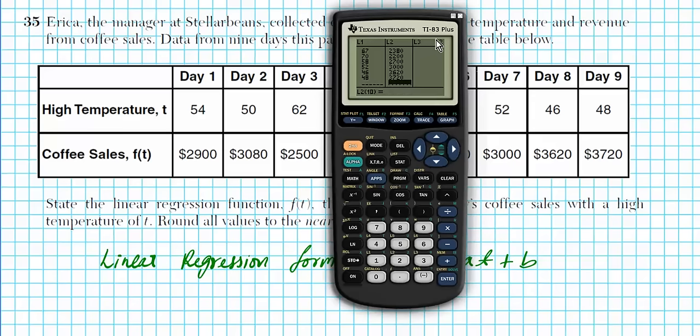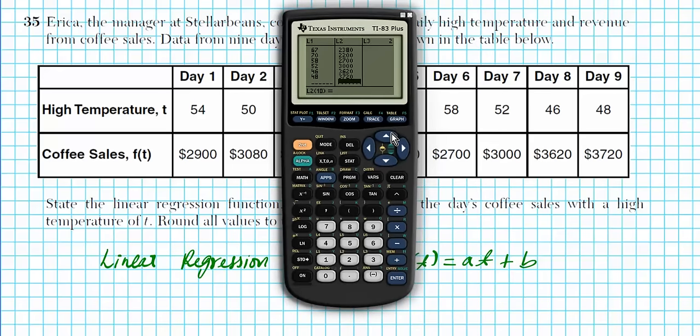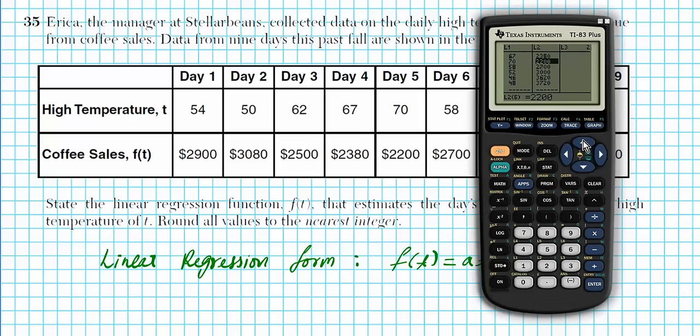Okay, let's go and check again just to make sure everything is correct. So 3720, 3620, 3000, 2700, 2200, 2380, 2500, 3080, 2900.